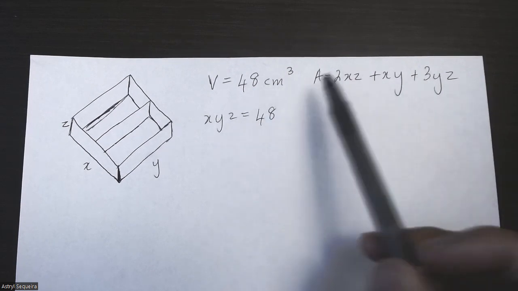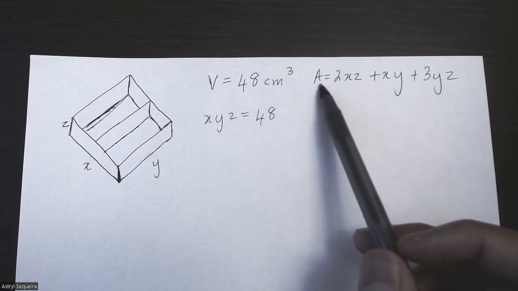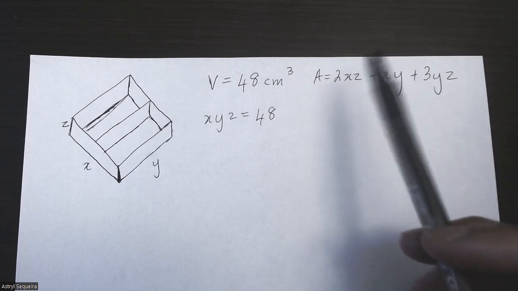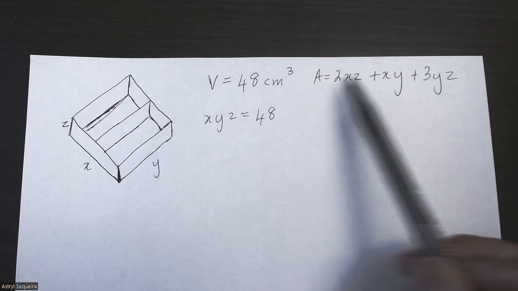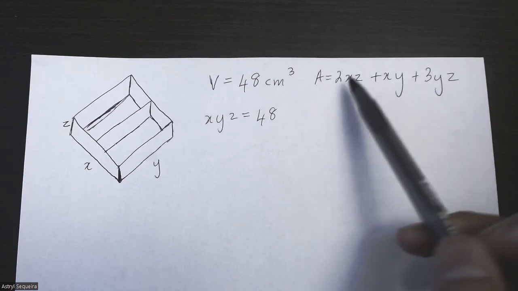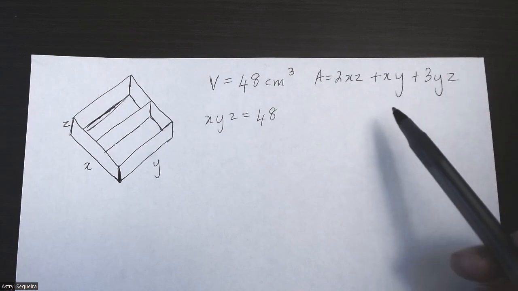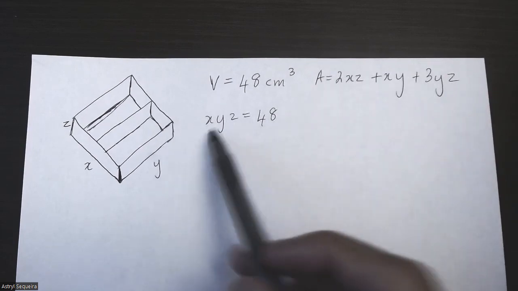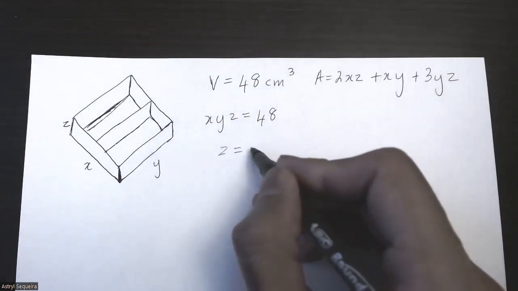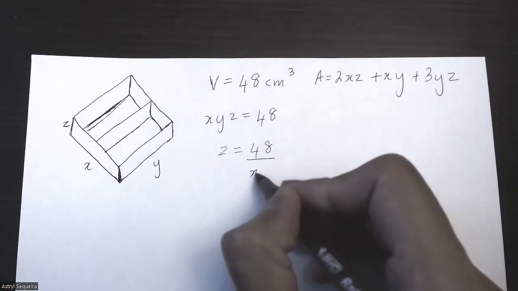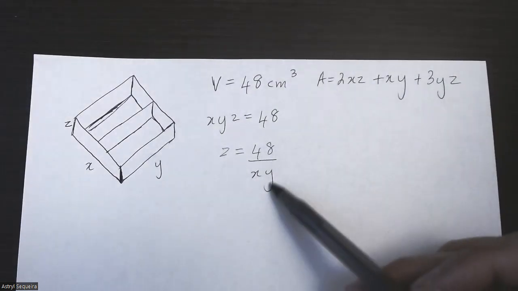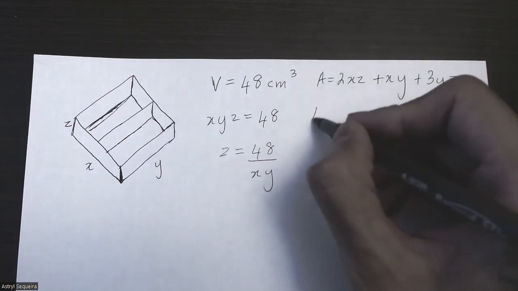Once I have my two equations, remember I need to minimize my area to minimize my cost in this question. So if I want to minimize my area, there's three variables here. I honestly don't know how to do it with three variables and then find the minimum area. But we have a second equation here. We can get rid of one of the variables. I'm just going to isolate z in this equation, and then I'm going to replace my two z's with 48 over xy.